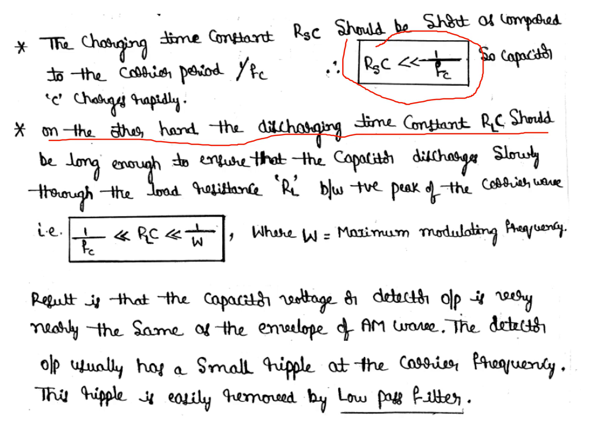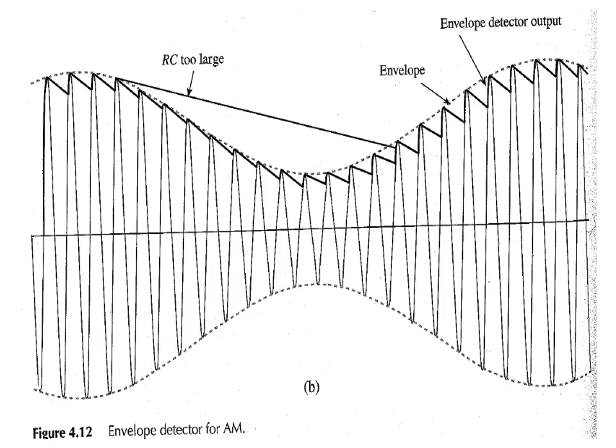The result is that the capacitor voltage, or detector output, is very nearly the same as the envelope of the AM wave. The detector output usually has a small ripple at the carrier frequency. This ripple is easily removed by using a low pass filter.